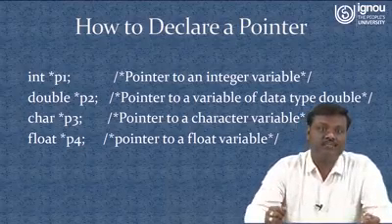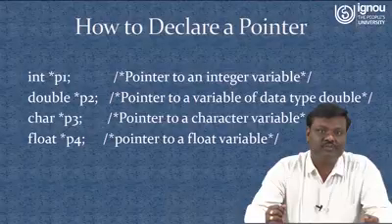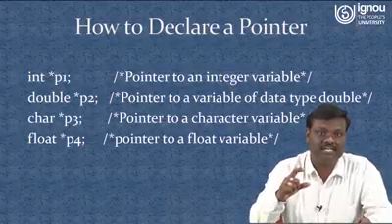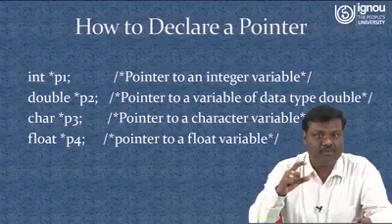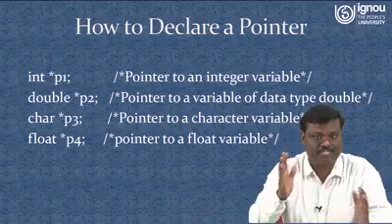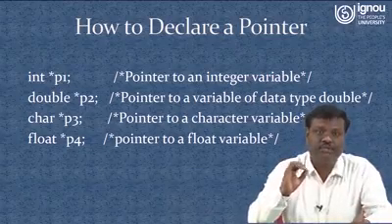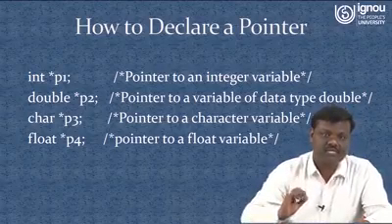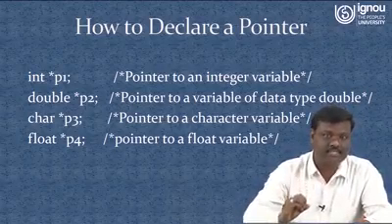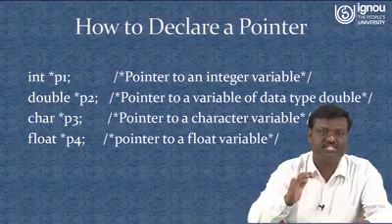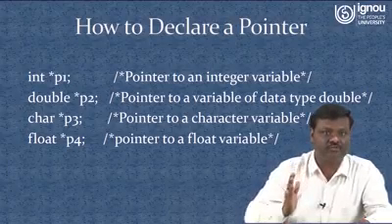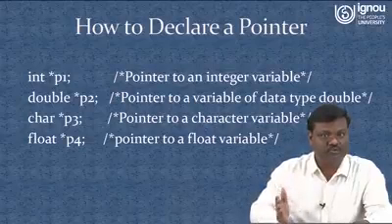So where to declare these pointer variables? Along with the declarations, that is after the main, we will be having the declarations section in a C program. There you have to declare the variables, the pointers, even the structures and functions, whatever is meant for use in the program during the course.